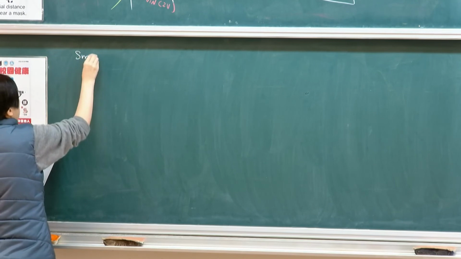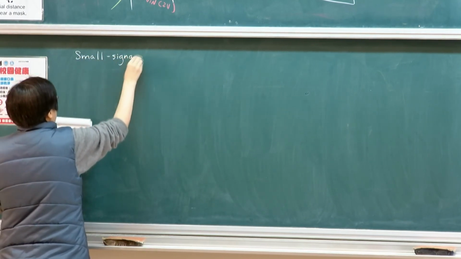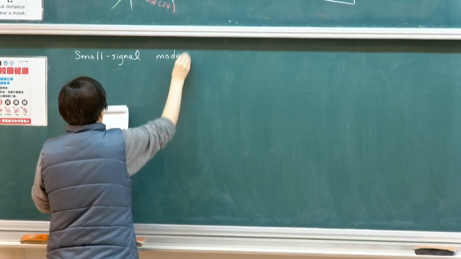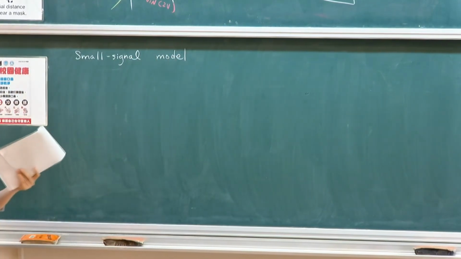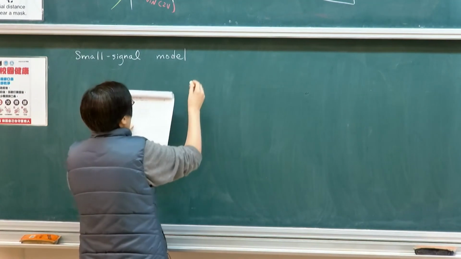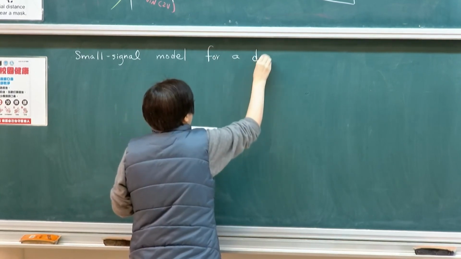So the small signal, how do you generate a small signal model? Basically, how do you describe a diode's current-voltage relationship when it does not move too much? So, small signal model for a diode.